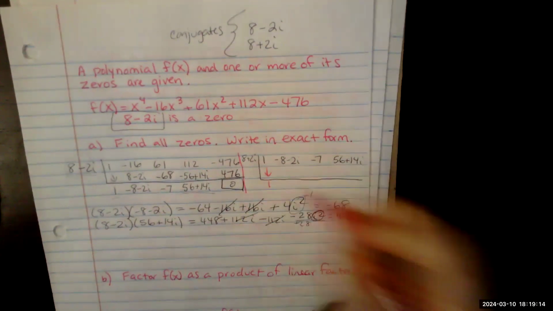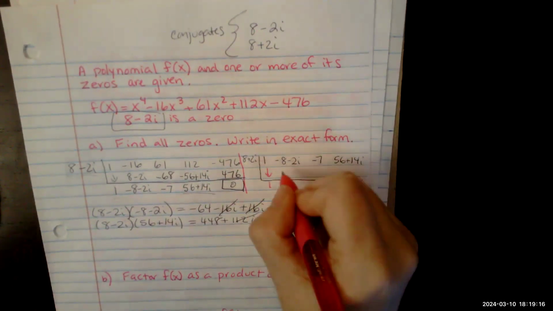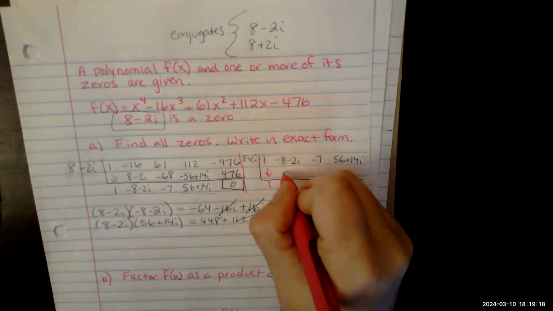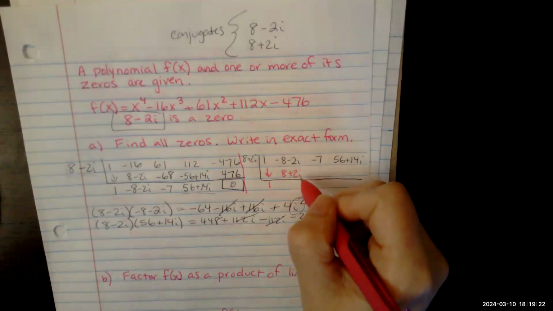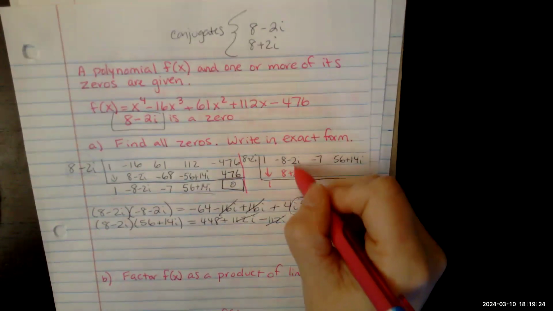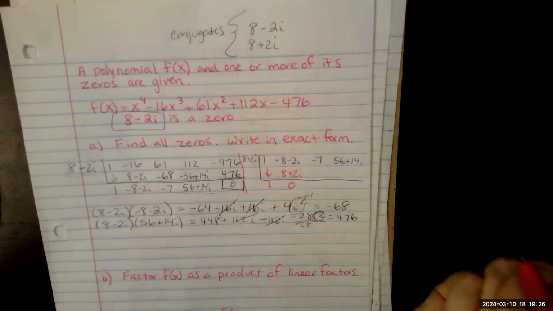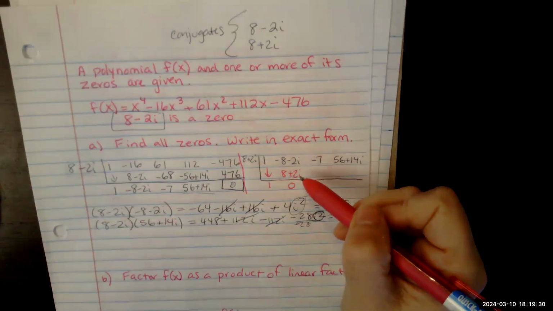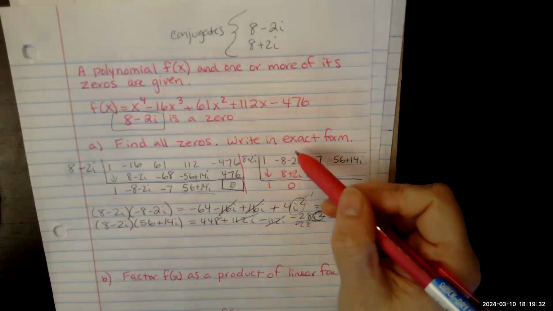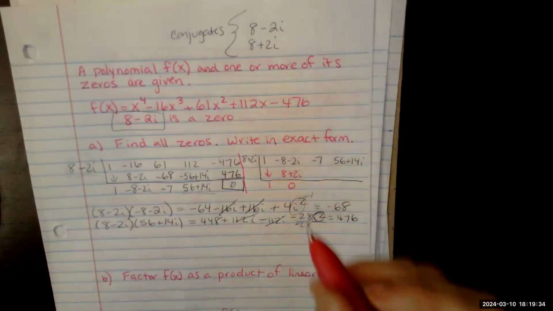So I bring down my 1, I multiply my 1 times my 8 plus 2i, add these together, and I get 0, right? Because negative 8 plus 8 is 0, and negative 2i plus 2i is also 0. So this whole thing equals 0, which is nice.